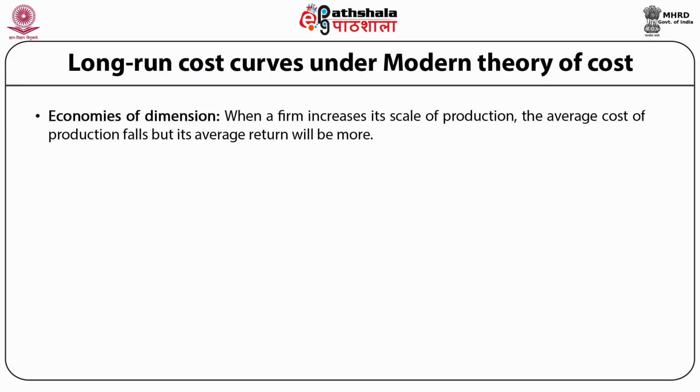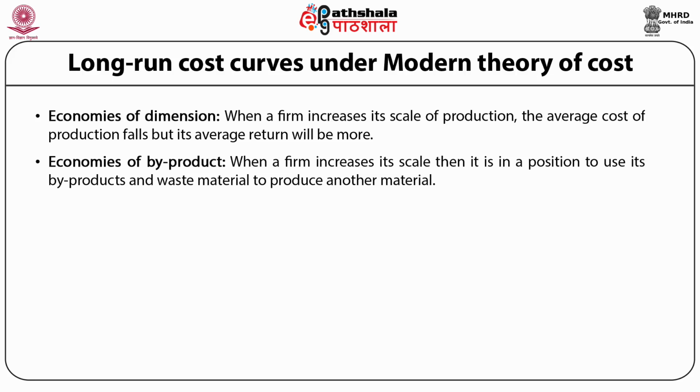Economies of dimension. When a firm increases its scale of production, the average cost of production falls, but its average return will be more. Economies of byproduct. When a firm increases its scale, then it is in a position to use its byproducts and waste material to produce another material.